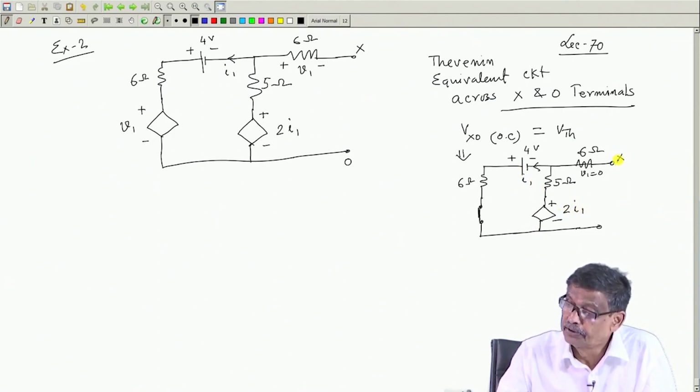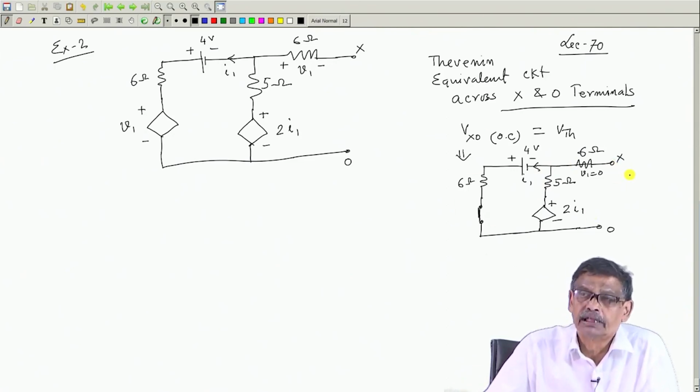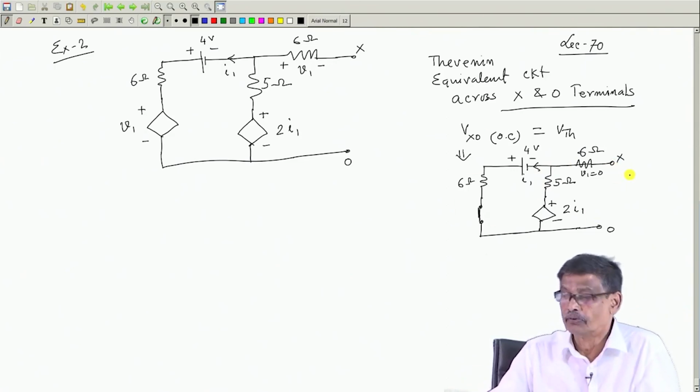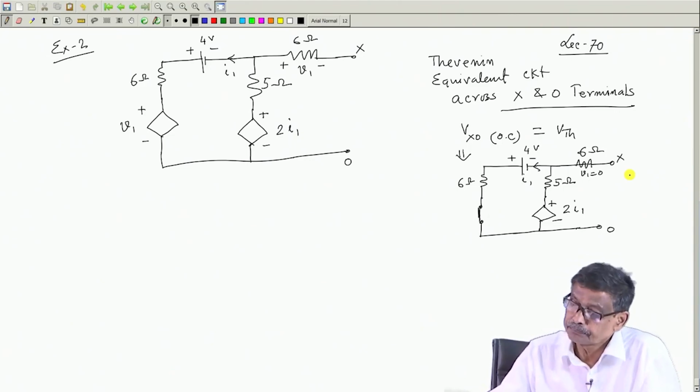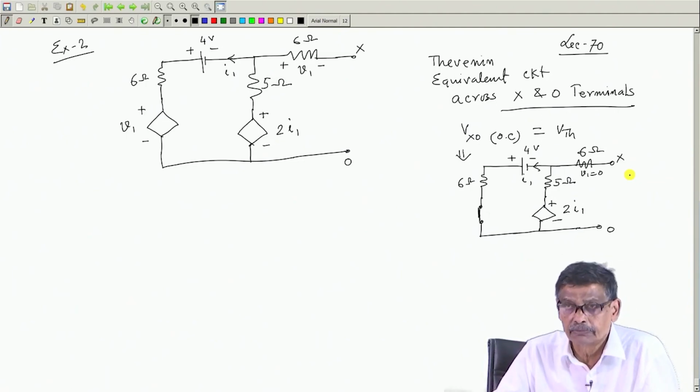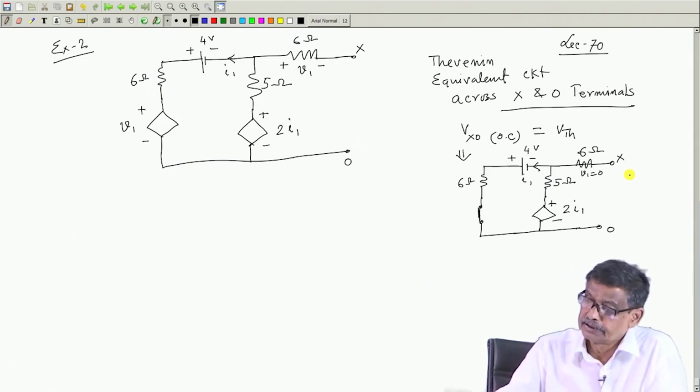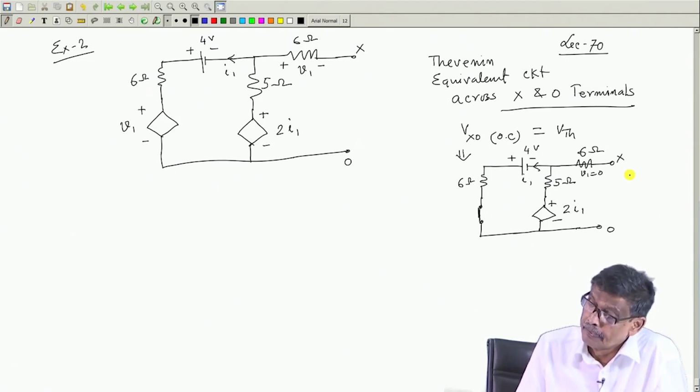I have to find the potential difference between these 2 points. How do I find V X O? I will start from O and reach X via any path I like, and whatever number comes will be the Thevenin's voltage of this network. So, while calculating Thevenin's voltage, you should keep all the sources in the network, both dependent and independent. That is what you should understand.